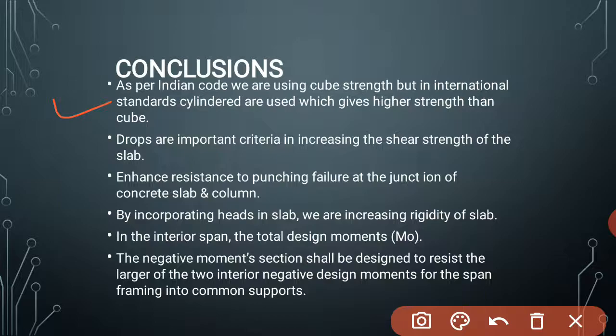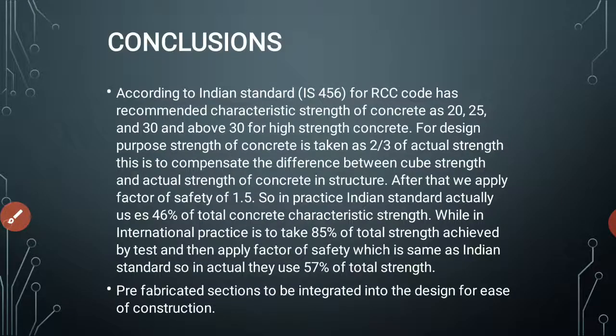By incorporating heads in the slab, we are increasing the rigidity of the slab. For the interior span, the total design moment M0, and the negative moment section shall be designed to resist the larger of the two interior negative design moments for the span framing into the column support. So obviously we'll go for the larger moment and design for that.